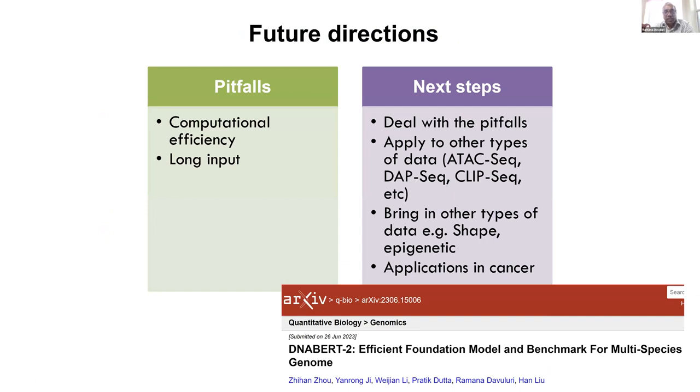Now we have a newer version. We are still testing it, but DNABERT is available and being used very well. DNABERT 2 was recently released, and we are doing other benchmarking, particularly on finding SNP effects and cancer mutations. So this is what DNABERT is about.